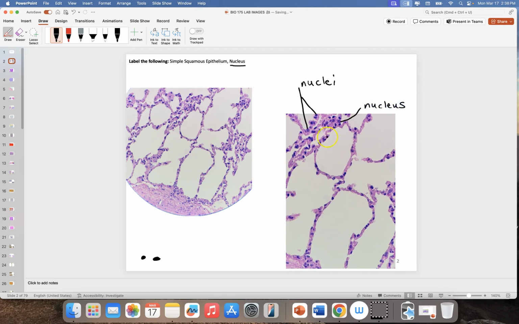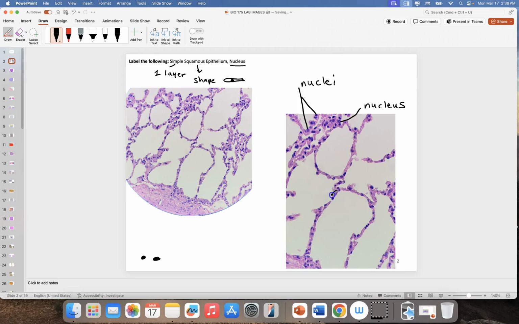And that allows us to see these simple squamous epithelial cells. Simple because it's one layer, and squamous is telling us the shape of the cell. To me, they're kind of long, they're kind of slender, they almost look squished, and there's that nucleus there.